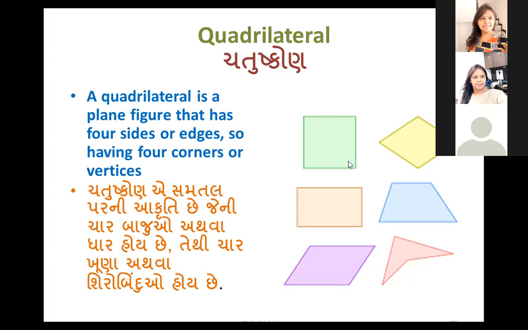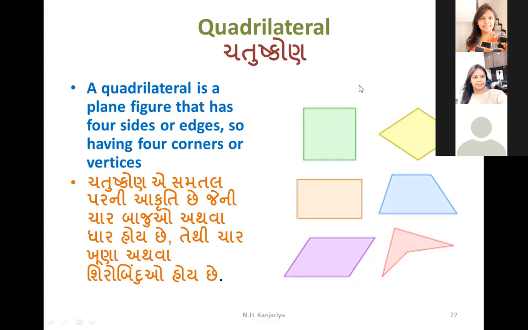How can we identify a quadrilateral? Just remember: a closed figure which has four sides, four angles and four vertices is known as a quadrilateral. Now we discuss some more quadrilaterals. There are many types of quadrilateral available.